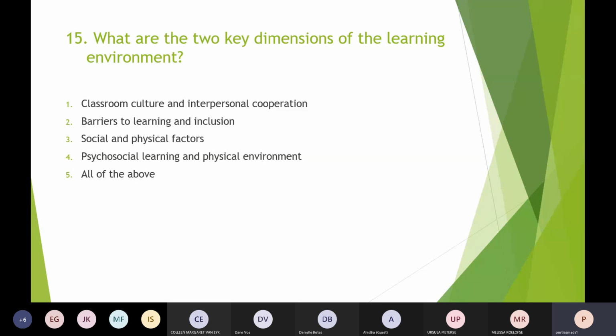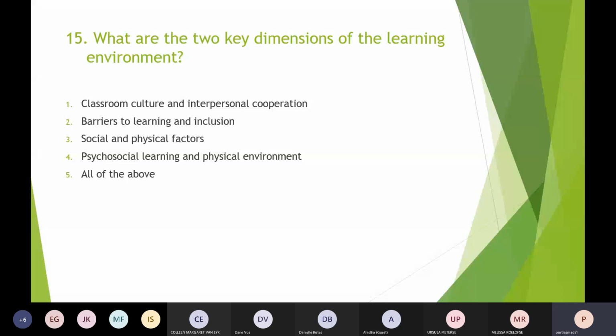Or is it the psychosocial learning and physical environment that we're looking at? I would have guessed psychological and physical, which is not an option here. Okay, all right. Thank you.